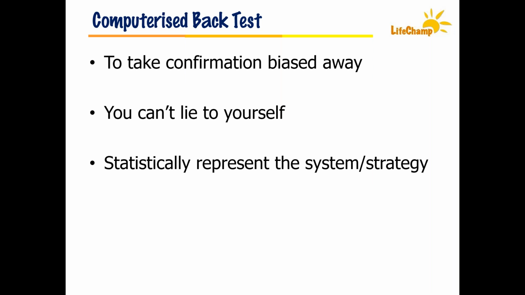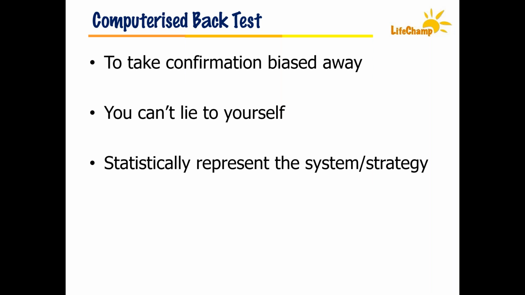So this we call confirmation bias. You need to iron this out from your trading system. You don't want something where you think the system works a certain way because you want it to happen. This is the important thing at the start: you have to iron it out from your mind.